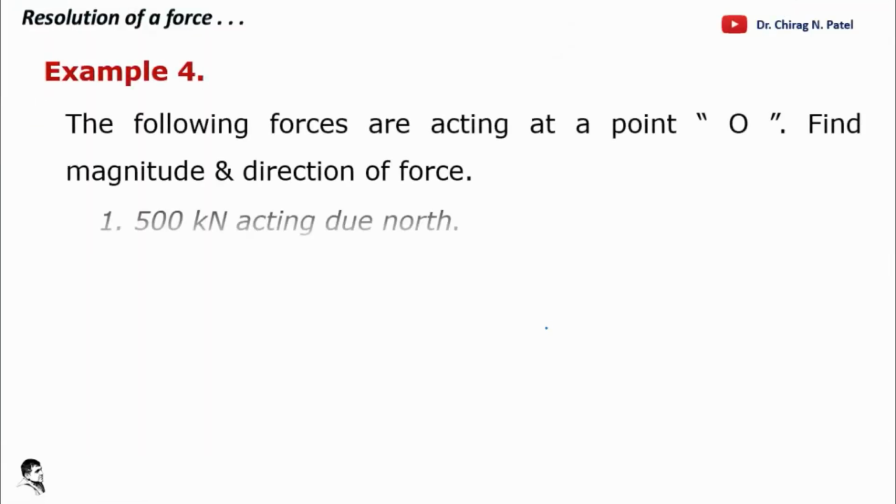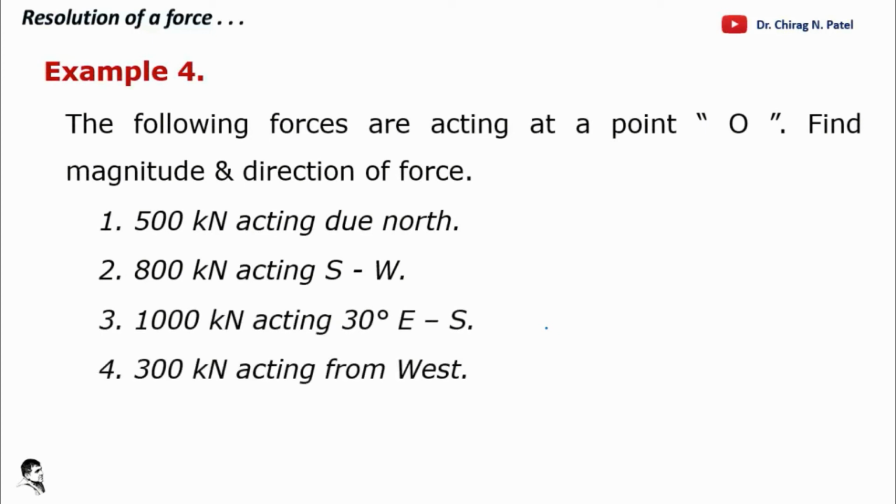Now let us take one more example, and here the example says that the forces are acting at point O and we are required to find out the magnitude and the direction of the force. But here something is written in terms of the axes, so we need to resolve that and draw a particular force system here.